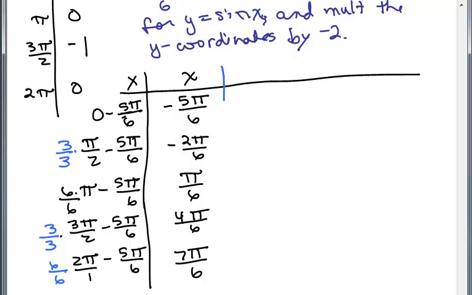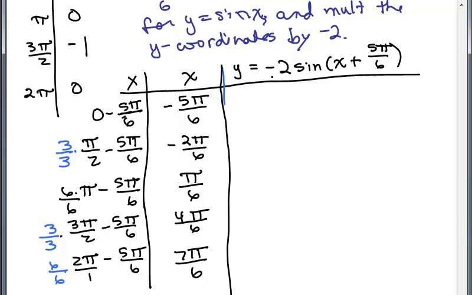Okay, now, what about the y-coordinates? Well, normally the y-coordinates go 0, 1, 0, negative 1, 0, right? That's usually how it goes. But I'm doing y equals negative 2 times the sine of x plus, I think it was, 5 pi over 6.